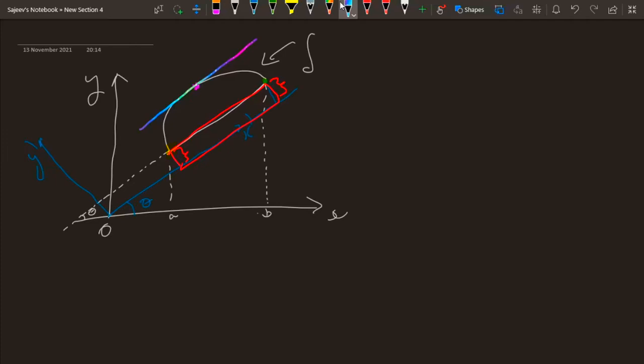In other words, the slope is equal to tan theta with respect to the original coordinate axes. And that's it. We are done with the proof, because the slope of the line joining a comma f of a and b comma f of b is tan theta.